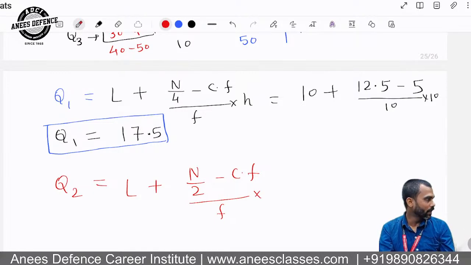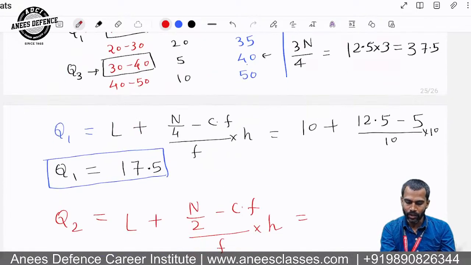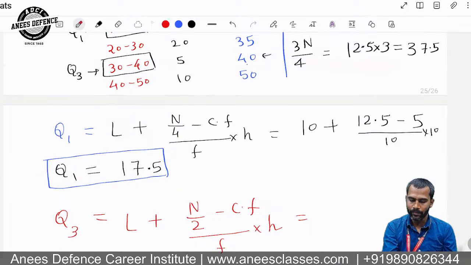Median is nothing but Q2, the middle value. But we don't have to find Q2, we already found it. We need to find Q3, so here we have to write 3n by 4.